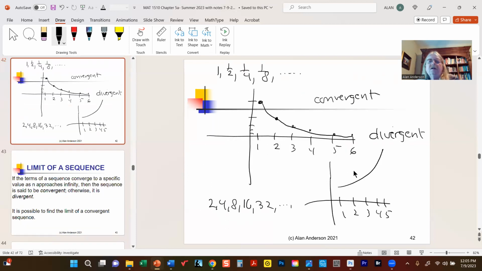Like for example, I could rewrite this as 1 over 2 to the n, because the first term would be 1 over 2 to the 0 power, the second term would be 1 over 2 to the first power, and then the third term would be 1 over 2 squared, et cetera.